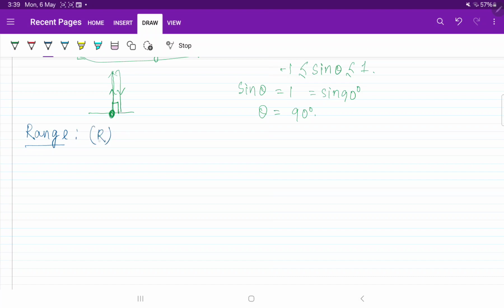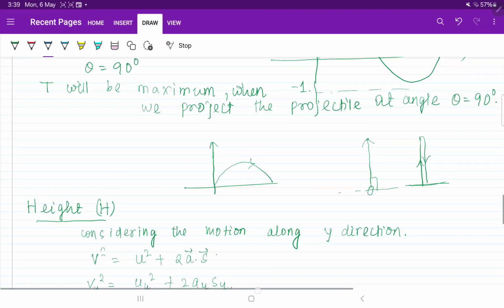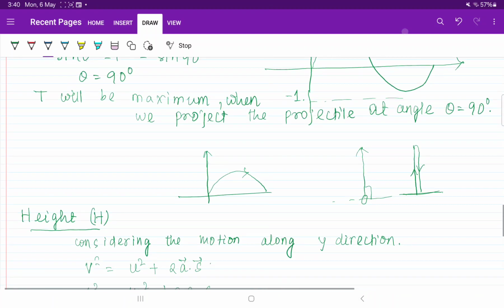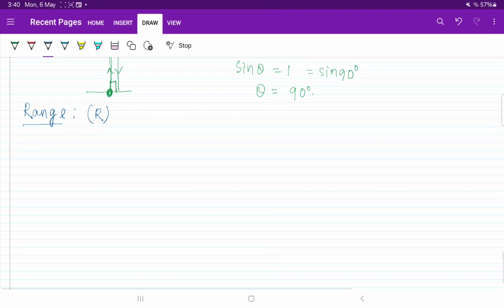It is denoted as capital R. From the figure you can also see that it is the horizontal distance traveled in the x direction.